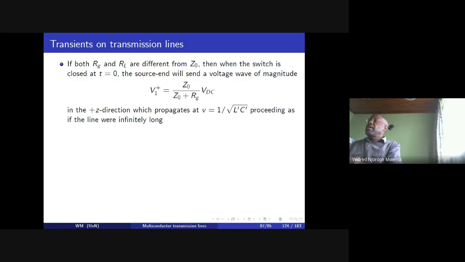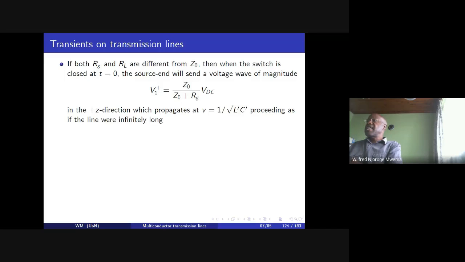So when the switch is closed at t equal to 0, the source end will send a voltage wave with a magnitude given by V1 plus equals Z0 over Z0 plus RG times VDC. The reason we use Z0, the characteristic impedance of the line, is because the voltage has no knowledge of what is at the end of that line.